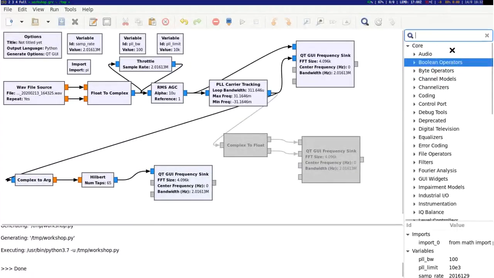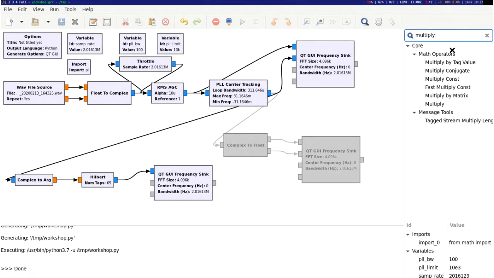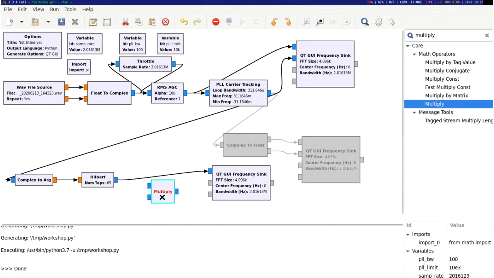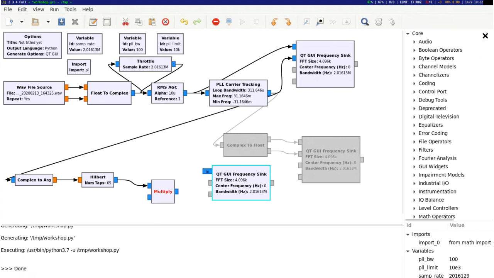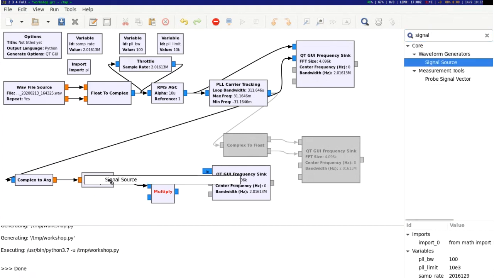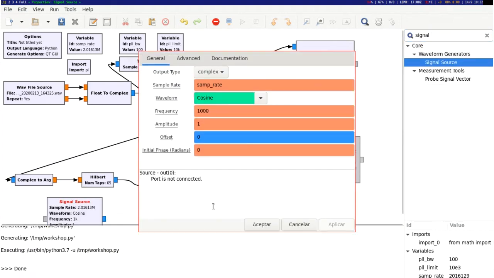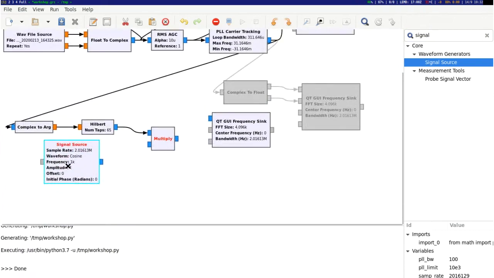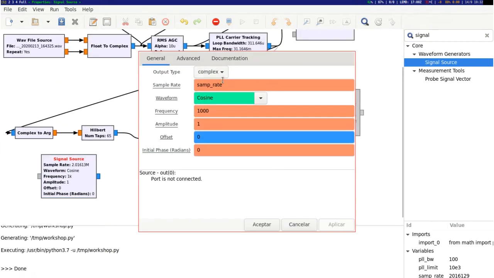To do so, we can multiply. So there's a block called multiply for that. And then we need a complex exponential that is called signal source inside GNU Radio. So in signal source, you can generate all the kinds of signals you want, triangle, sawtooth, etc., but also cosine, which means complex exponential.